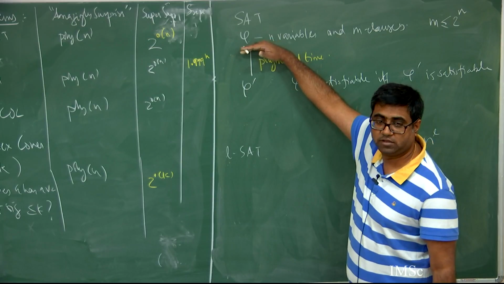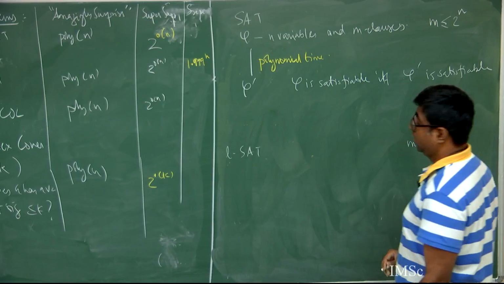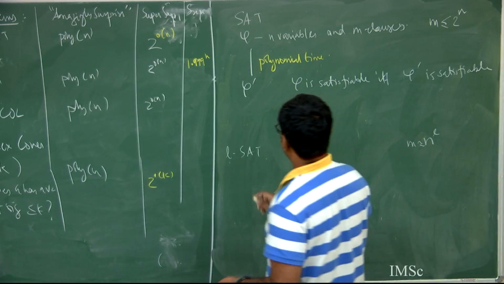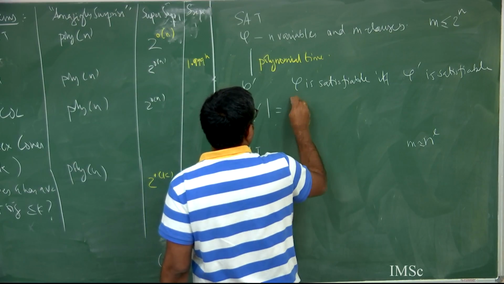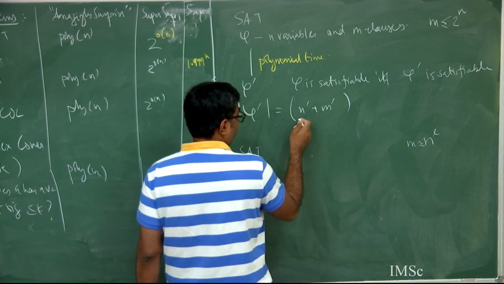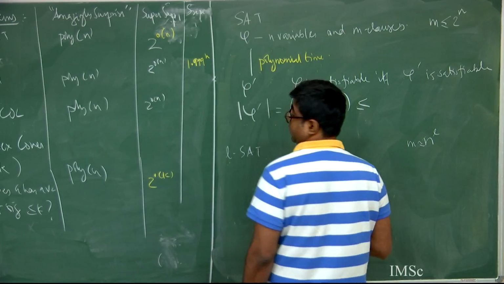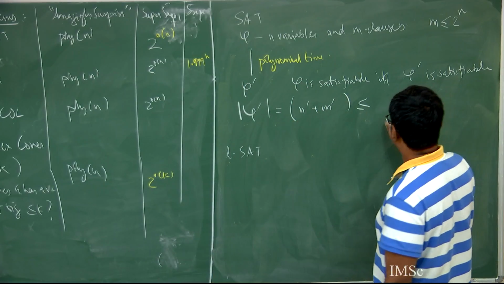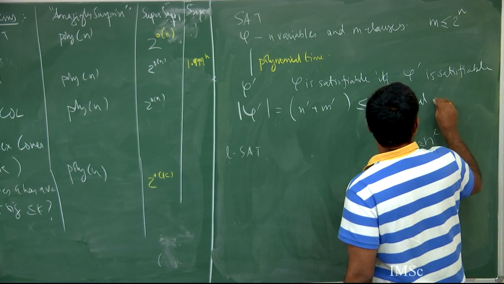If I started with an unsatisfiable formula, I still have an unsatisfiable formula. But what do I want? The size of phi prime, which is say n prime plus m prime, variables plus clauses here, should be bounded by some polynomial in n and m.